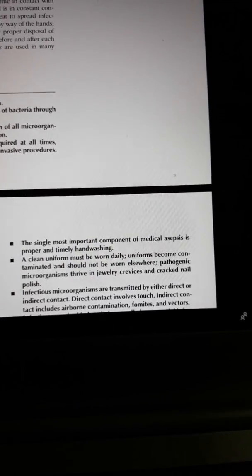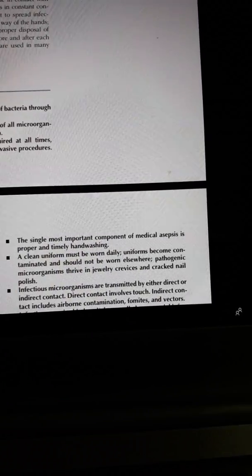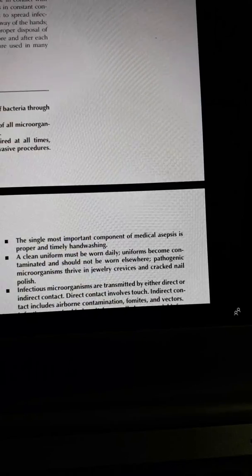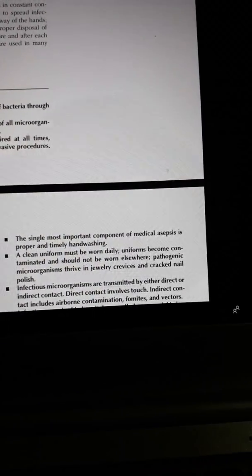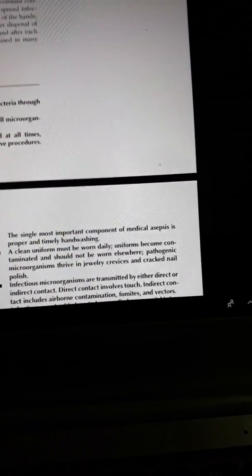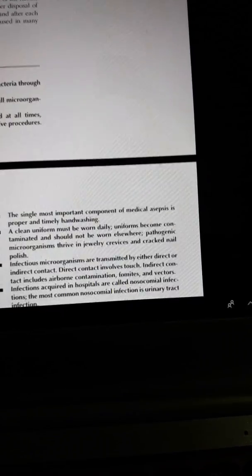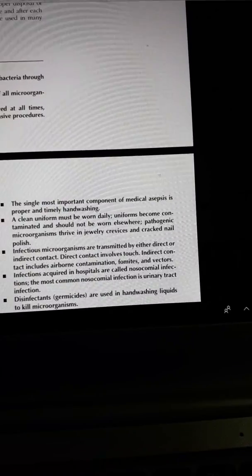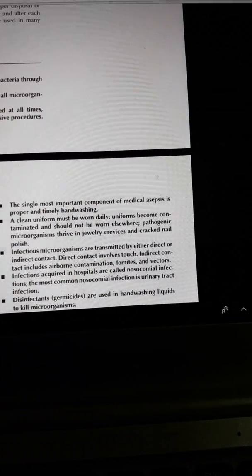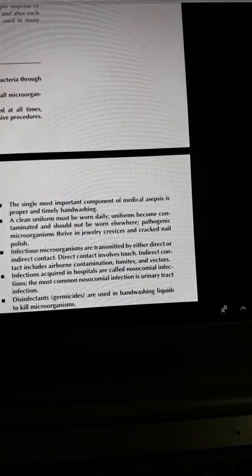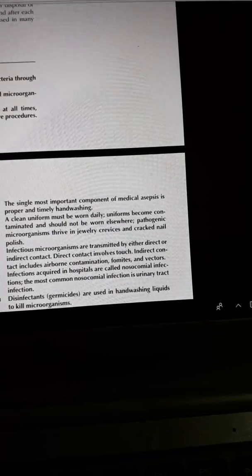Pathogenic microorganisms thrive in gels, crevices, cracked nail polish. Infectious microorganisms are transmitted by either direct or indirect contact. Direct contact involves touch.